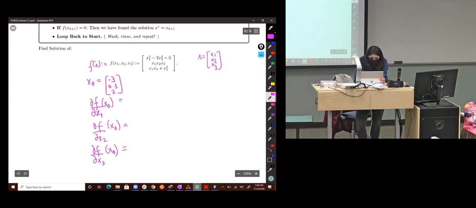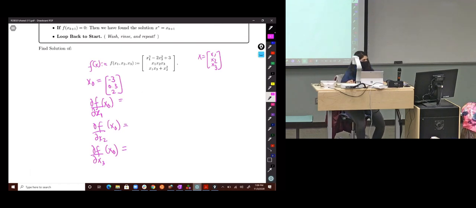Do we know how to do this? Yes, we do. Let's say we're going to use the symmetric differentiation, because even though it's easy to get an analytical differential, we don't have time to do it both ways, so we're going to do it numerically like we did in class.